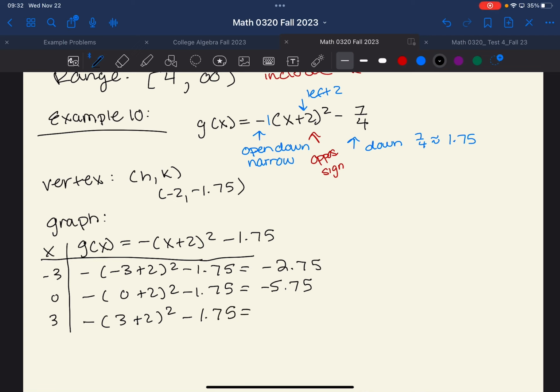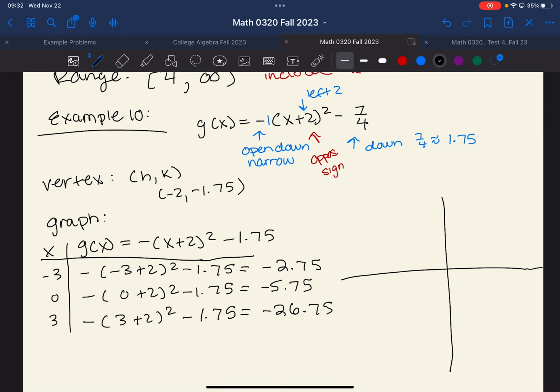And I get 3 plus 2 is 5. 5 squared is 25. Negative 25, so this is negative 26.75. So now I have 4 points that I can plot, the 3 points that I found, and my vertex.